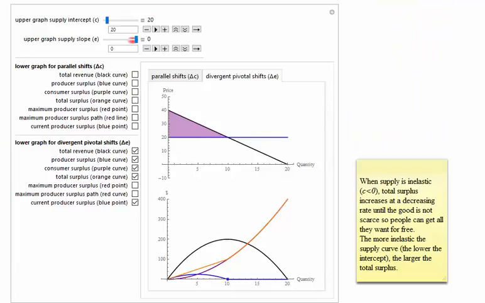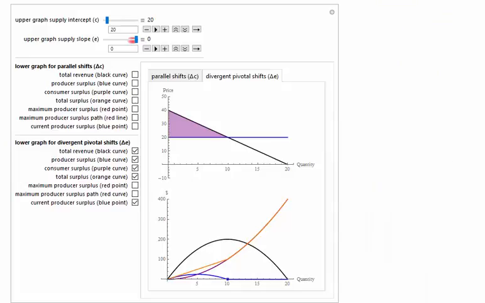Now, I think it's really interesting if we look at what happens to, let's click on this line over here, maximum producer surplus is right there. And what happens to a curve? I'm going to take off our total surplus and my consumer surplus, just so we can see it better. So notice what happens, and let me bring this over.